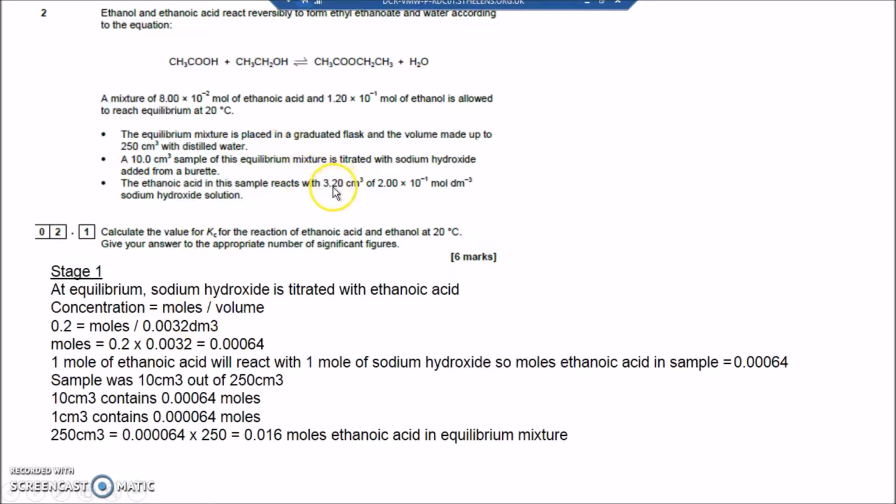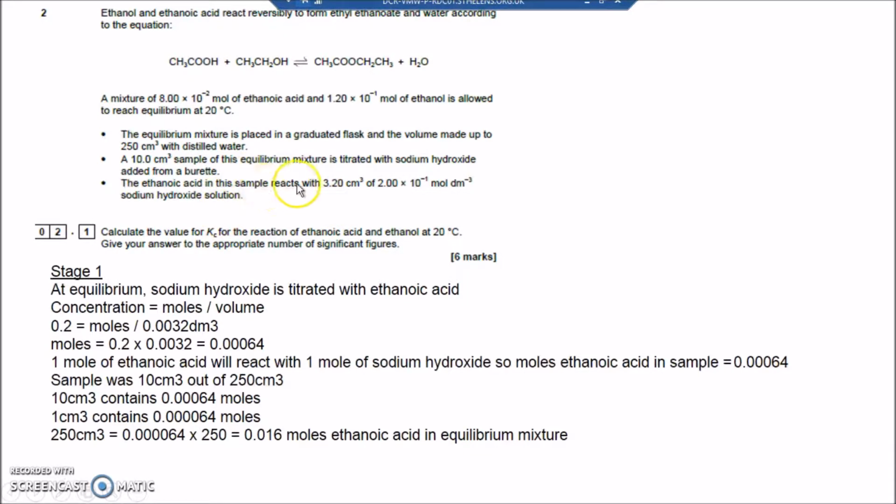Now I need to convert this volume in centimetre cubed into decimetre cubed. A small unit like a centimetre cubed into a larger unit like a decimetre cubed, I divide by 1,000. So 3.2 divided by 1,000 is 0.0032. Number of moles, 0.2 times 0.0032 is 0.00064. So that's the number of moles of sodium hydroxide that I've got.